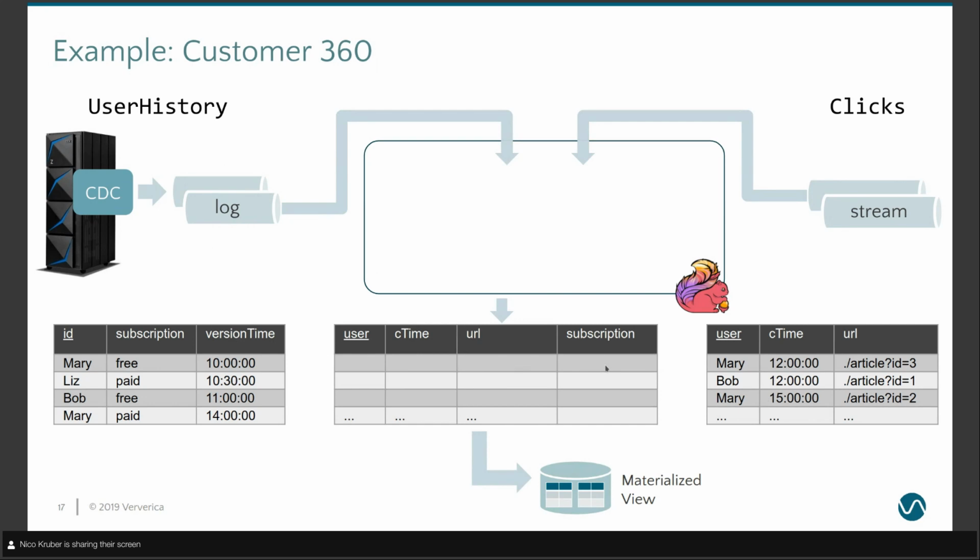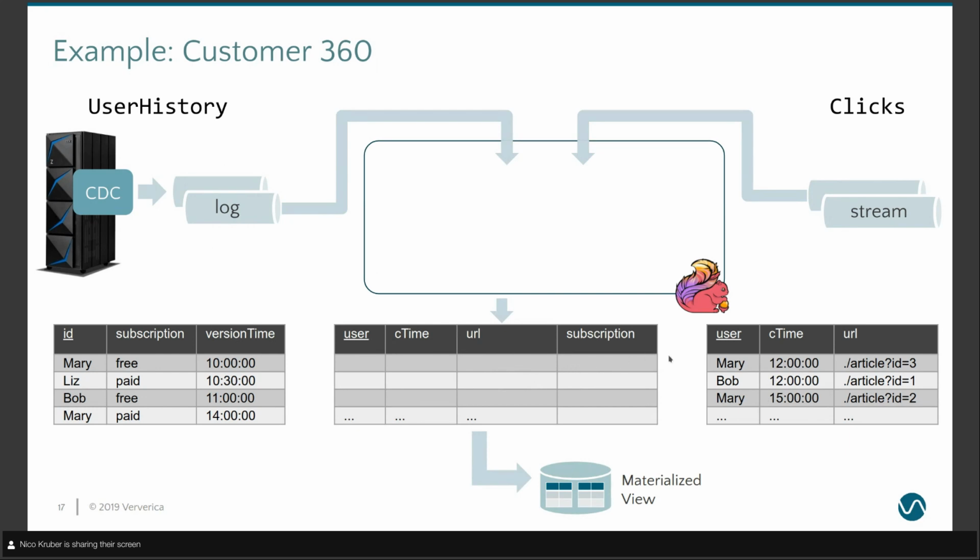In that case, it would be the subscription that the user had at the point where they clicked this article, where they had this interaction with the click stream. And in the end, this might be served into a materialized view for your dashboards or the decisions that you want to drive from those.